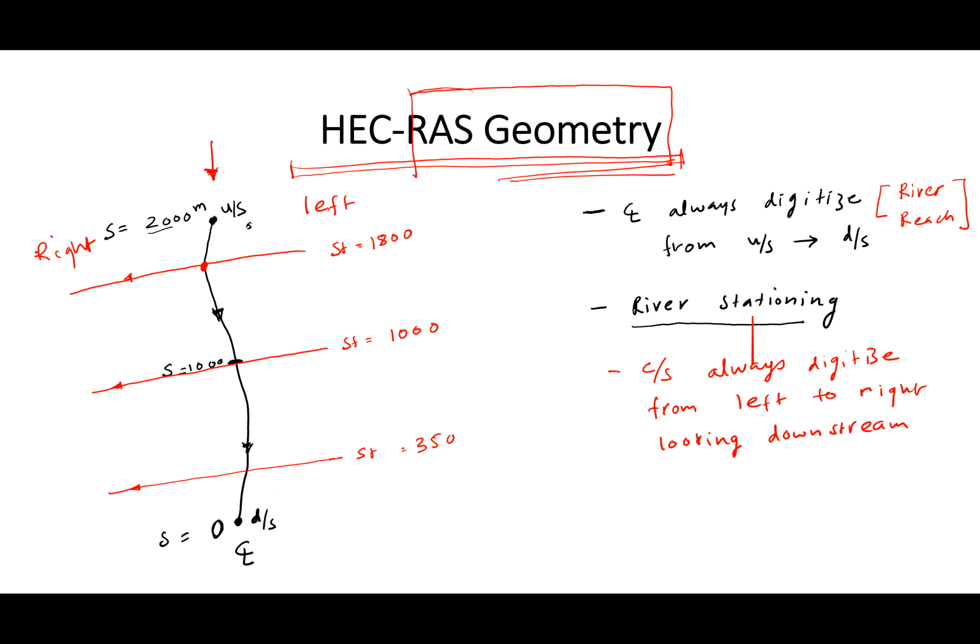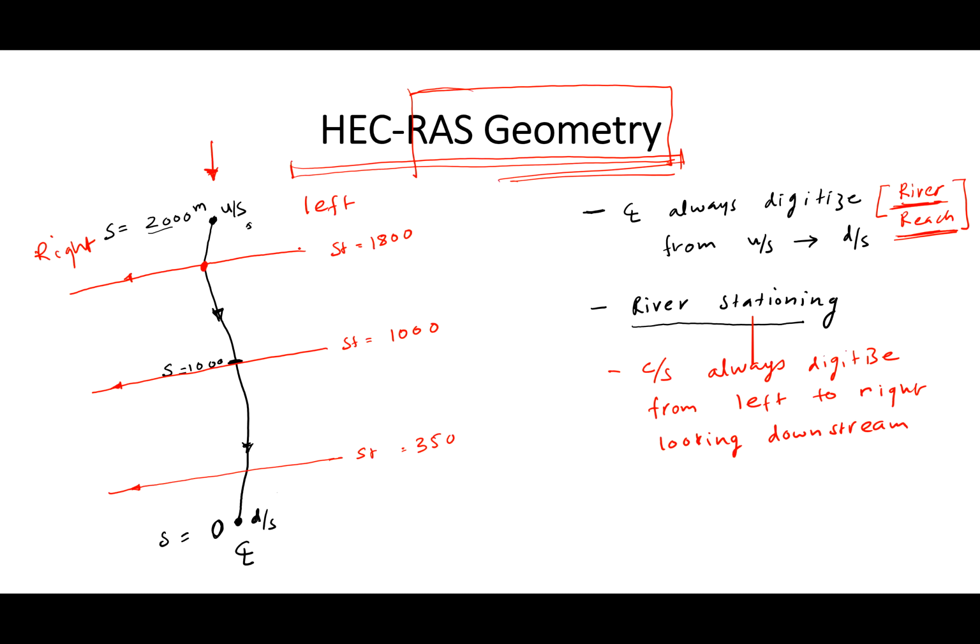In this case we can name the river Mississippi, but if we are modeling a short reach near the city of Minneapolis, we can just name that reach Minneapolis. Or in our case, since we are close to the Wabash River, the name of the river will be Wabash and the reach maybe West Lafayette. So we need to define both the river name and reach name when we define the center line.